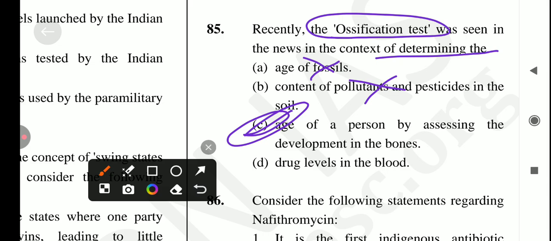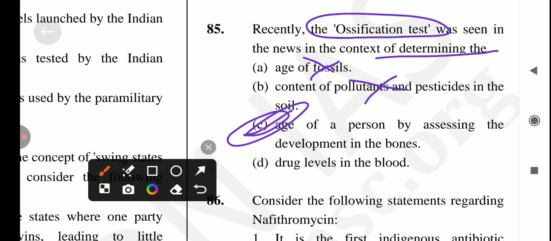Okay, and the ossification test is a medical examination used to estimate an individual's age by assessing the development, growth, and fusion of bones, particularly the epiphysis and diaphysis in long bones. Okay, and the bones used are radius, ulna, humerus, tibia, fibula, femur, etc.